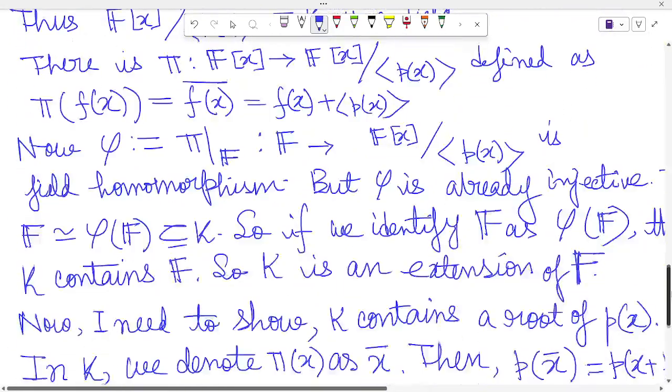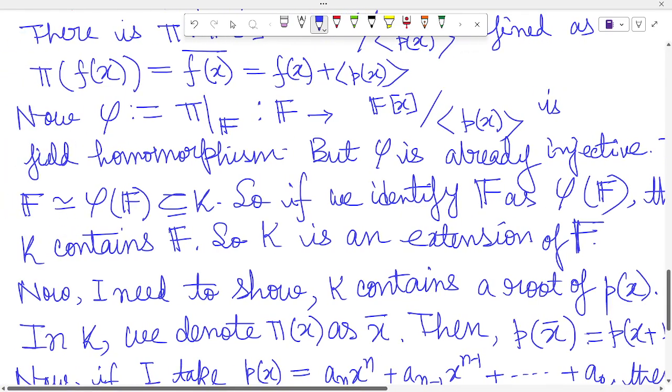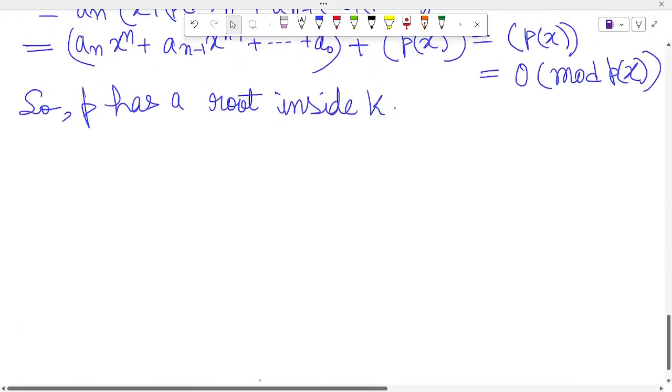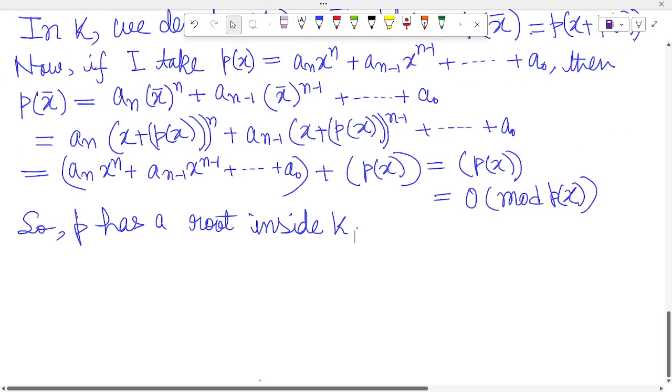See the proof. I think it is okay. So let us proceed.